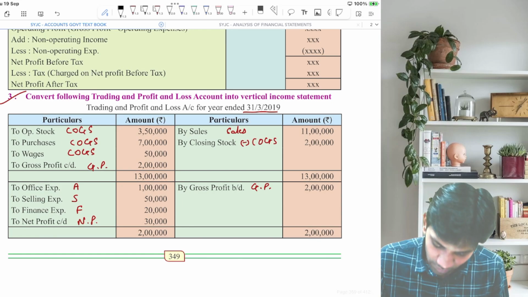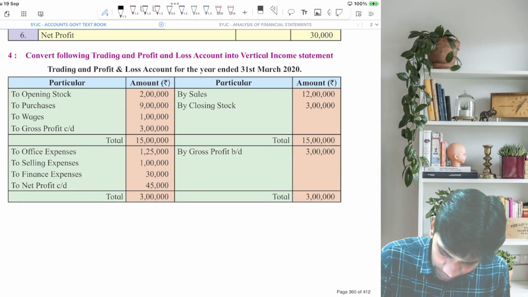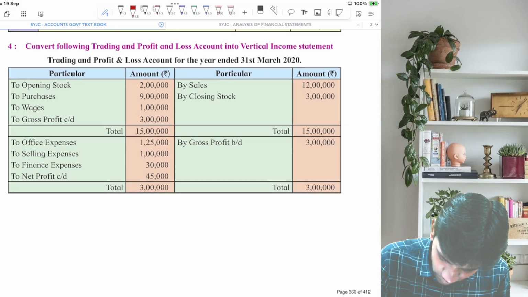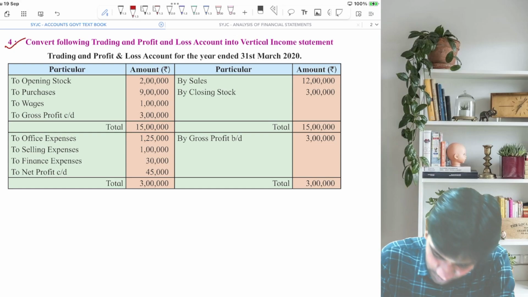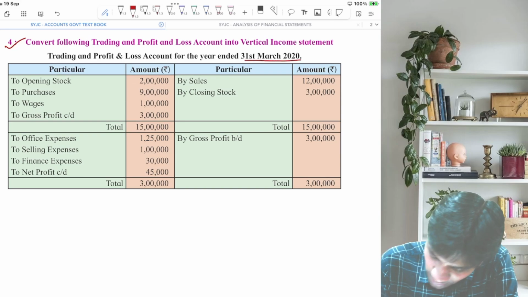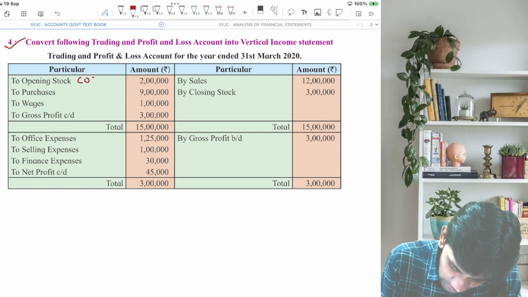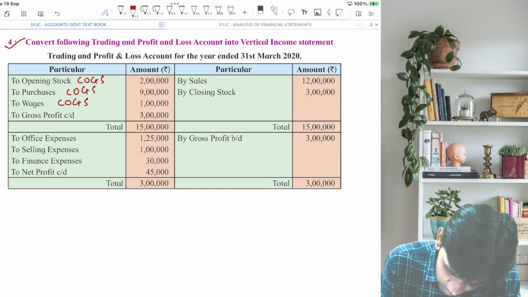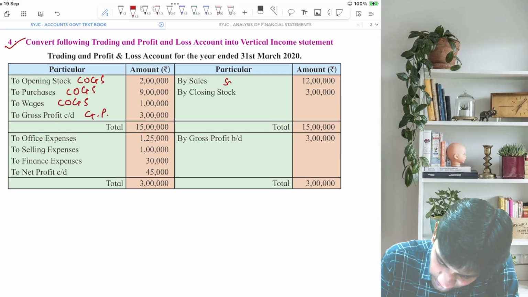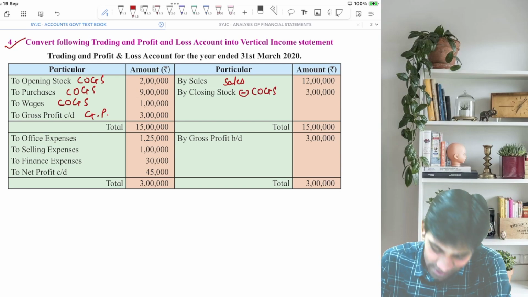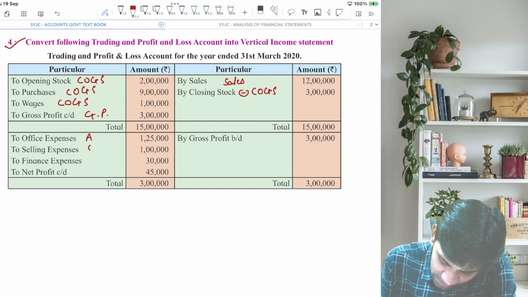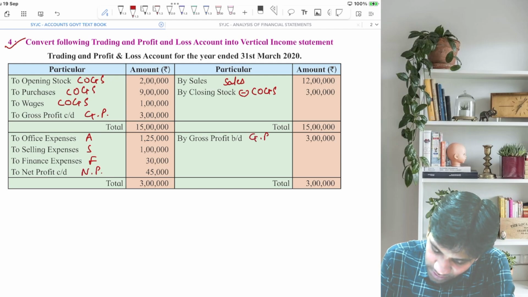That is illustration number 4. Convert the following trading and P&L account into a vertical income statement, for the year ended 31st March 2020. Opening stock again COGS, purchase COGS, wages COGS, gross profit, sales, closing stock less COGS. Very simple. Office expense is admin expense, then selling expense, finance expense, net profit, and gross profit remains gross profit.